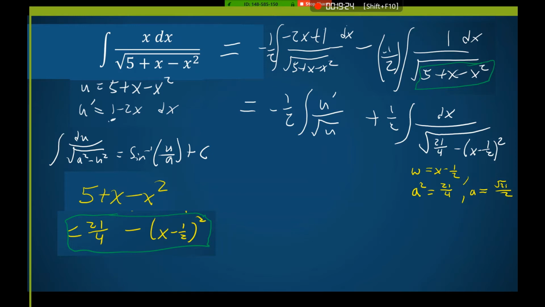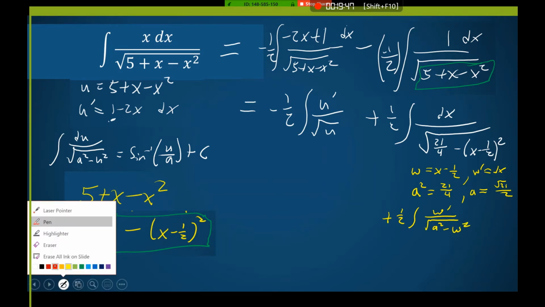W prime would be dx. Okay, so if I make those substitutions for the right side, I will end up with this. 1/2 times the integral of w prime over root a squared minus w squared. On the left side, I'll stick with the white.